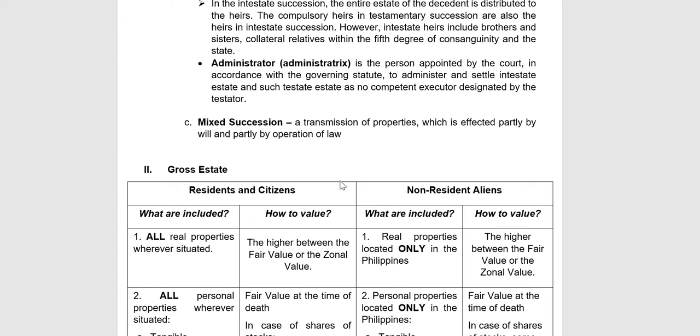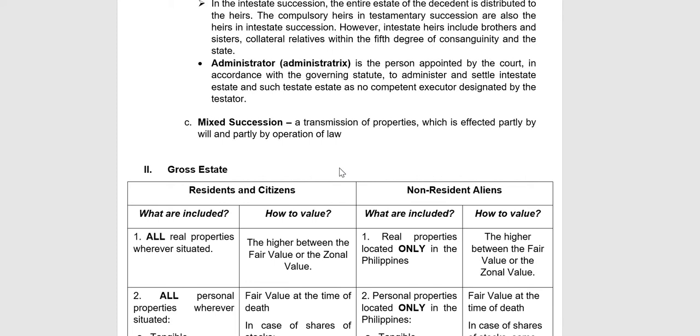However, say NRA or si non-resident alien, taxable lang sila from the properties within the Philippines. Okay? So, we have here a summary, no? On ano yung included sa gross estate if RC, NRC, and RA ka, tsaka NRA, and how to value.